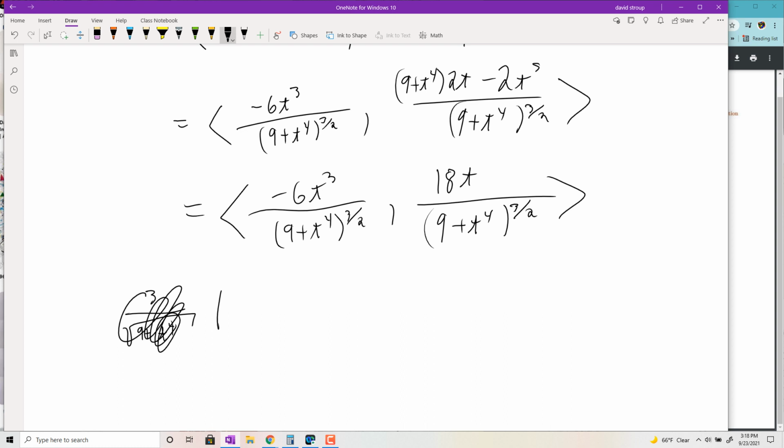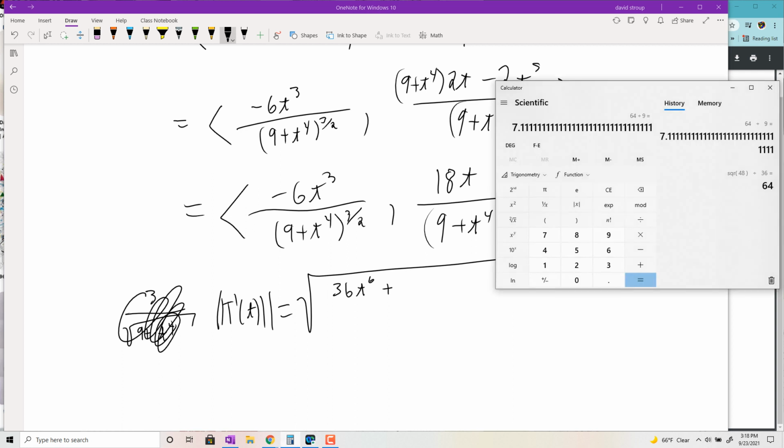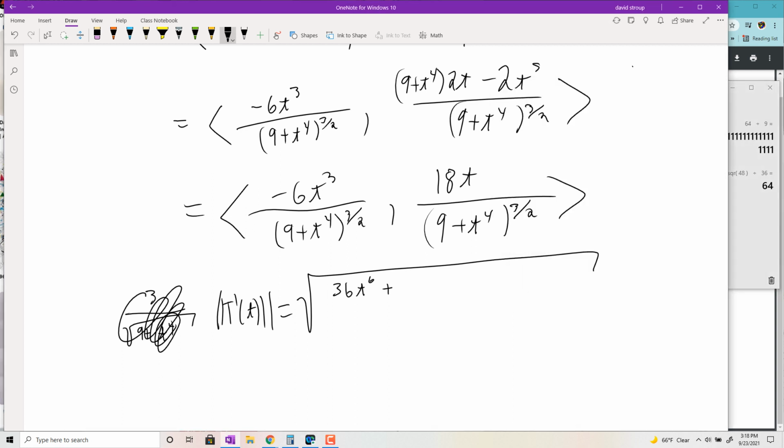I'm not done yet. I need the magnitude of the derivative of this thing. So let's see what happens. This is 36t to the 6 plus 18 squared, which is 324, plus 324t squared, all over 9 plus t to the 4th to the 3rd power.